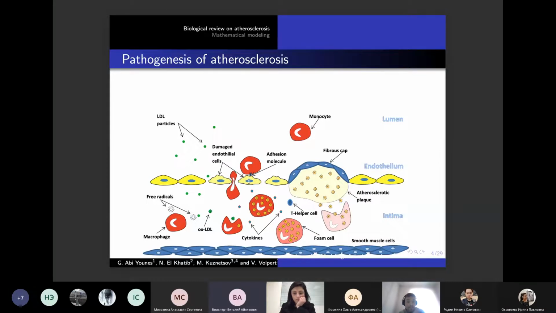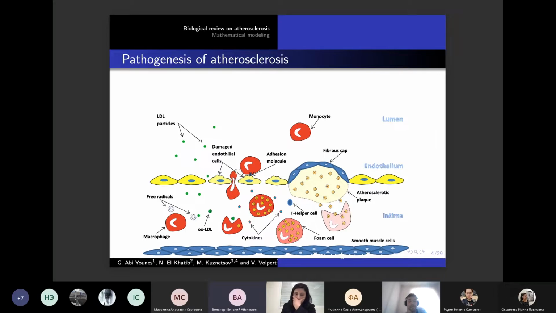Monocytes, which are shown here in the lumen, roll from the side of the flow on the surface of the endothelial cells, just like a ball on the ground.